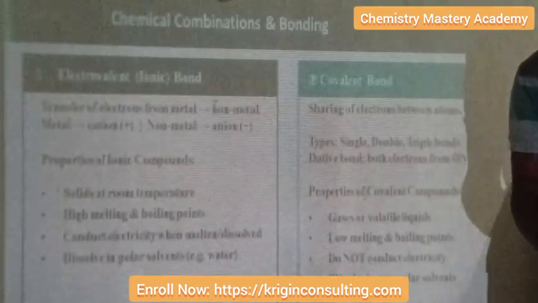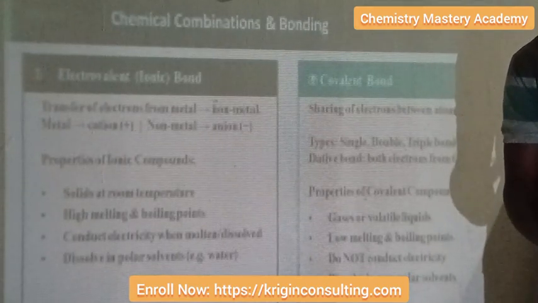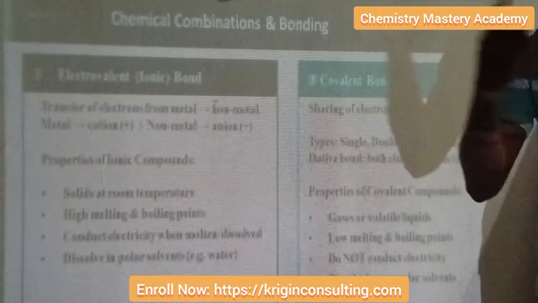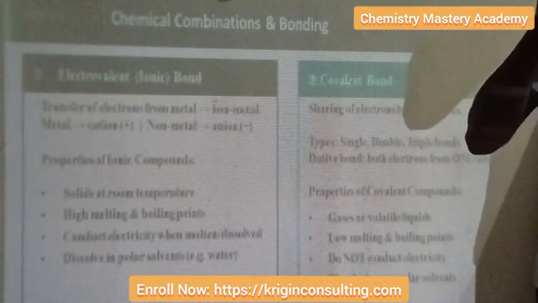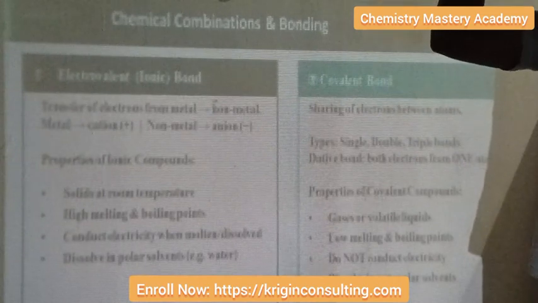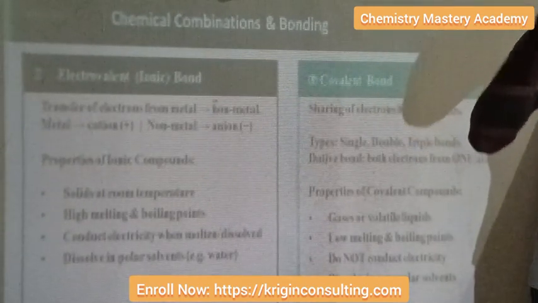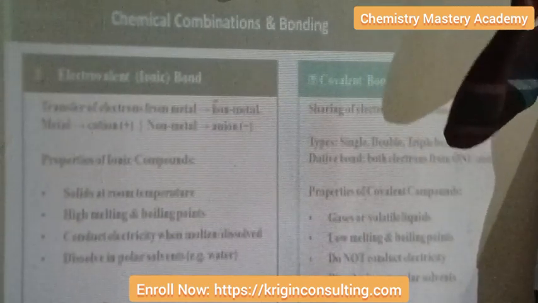So in chemistry, we will define a metal as a substance that transfers its valence electrons to another element. When we say valence electrons, we are talking about the electrons in the outermost shell of the element. So valence electrons are the electrons in the last shell of that element.